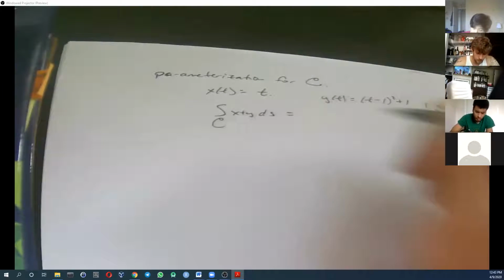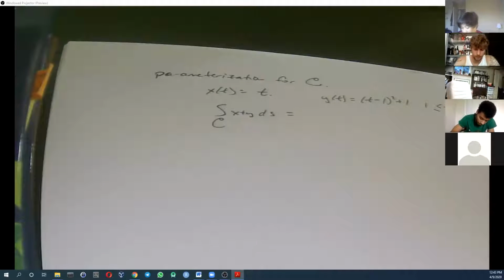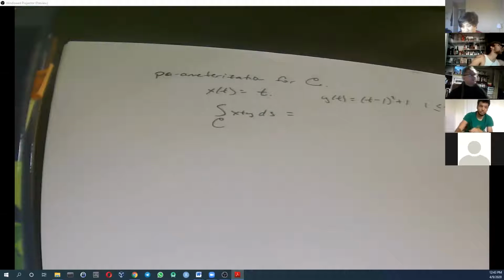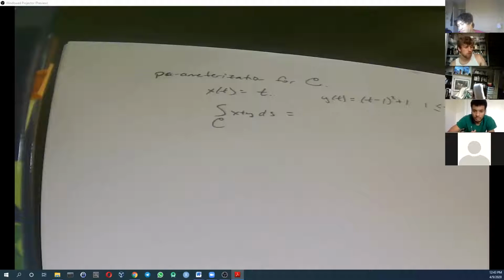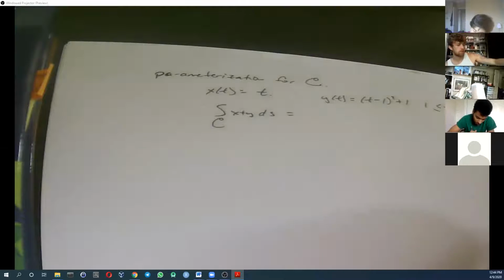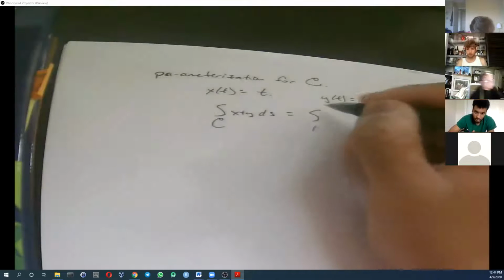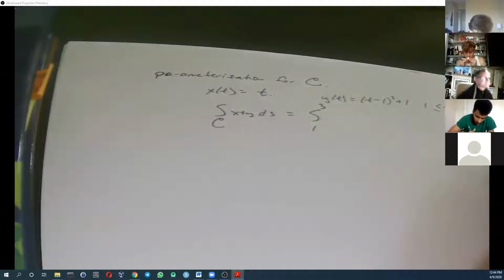ds. Let's look at Nasser. How do I finish this line integral? Tell me what to write down here. We do the integral from 1 to 3, and then we put in our function.